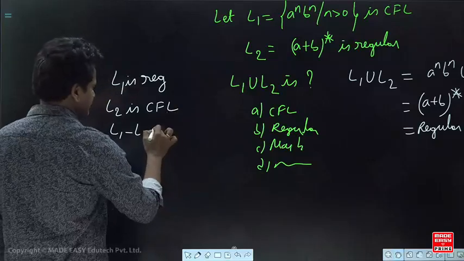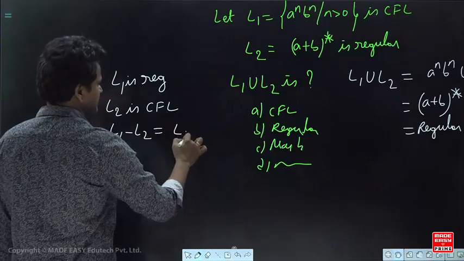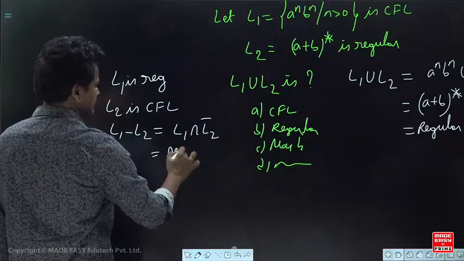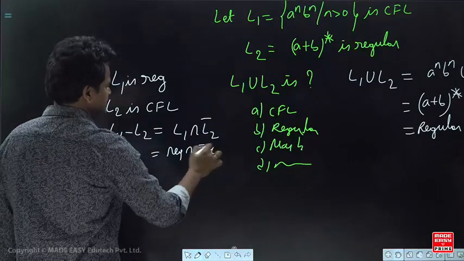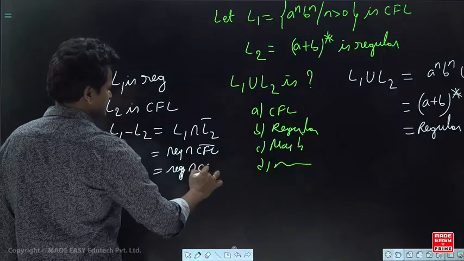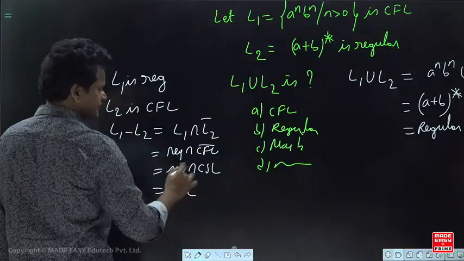If you say the set difference of a CFL with regular is CFL, that is a wrong answer. Whenever they ask like this, L1 minus L2 is L1 intersection L2 bar. So regular intersection CFL complement. CFL complement is not a CFL, so we go for upgradation to CSL. So the answer will be CSL.